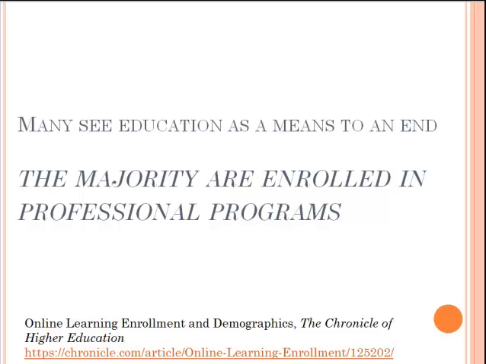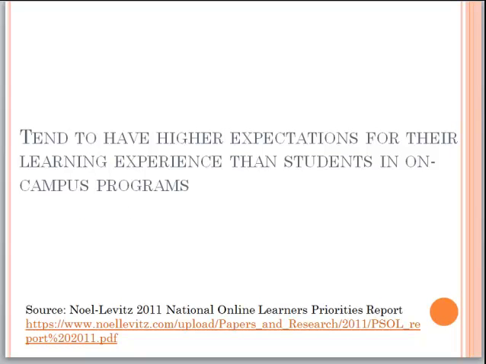But the people going into online learning often see education as, well, I'm doing this so that I can move up in my job, or I'm doing this so I can become a social worker or a librarian or whatever. It's very focused, and that's a very different population than one that is going to college because they think they should go to college because that's what smart, motivated people do. They tend to have much higher expectations for their learning experiences than students in on-campus programs.